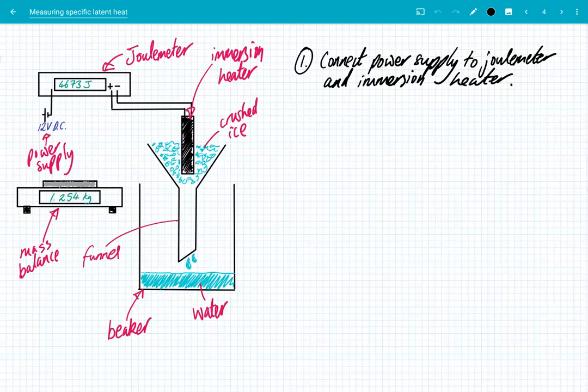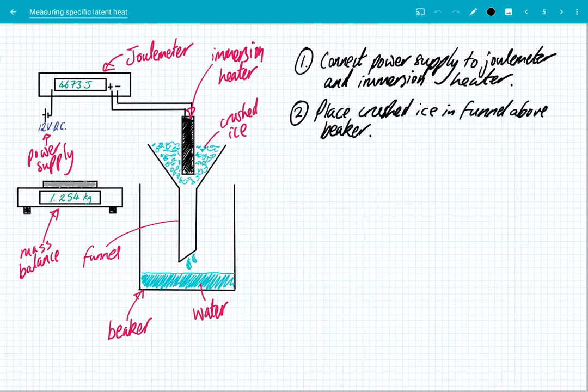So step 1, we connect our power supply to the joule meter and to our immersion heater. This is so that when we turn our power supply on, the joule meter will measure how much energy we are supplying to the immersion heater, and then the immersion heater will convert the electrical energy into thermal energy, which is going to be used to melt our ice. Step 2, we're going to use some crushed ice and we're going to place it in a funnel above a beaker.